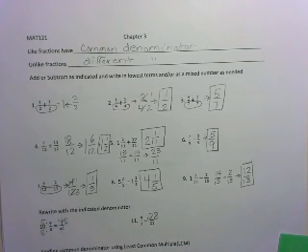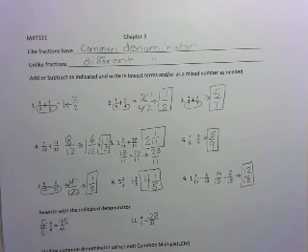Finding the least common multiple. There are many different ways to find the least common multiple. What they're actually asking is, what is your common denominator? If I had 21 and 49 as my denominators, what would my common denominator be?